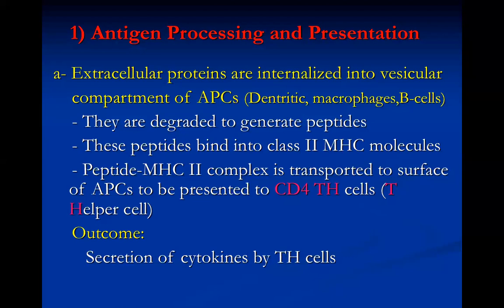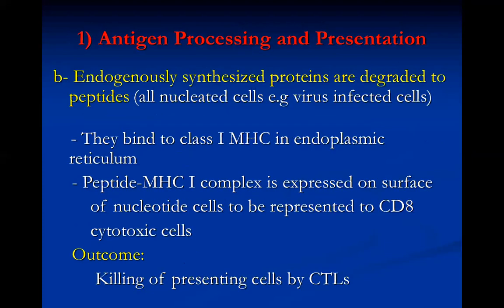So this is the initial point of activation of those key cells which are important, and especially the cytotoxic cell. Once the CD4 T cell has been activated by the presentation of these antigens, they secrete cytokines. And their secretion of the cytokines is what will now follow the activation of the cytotoxic T lymphocytes.